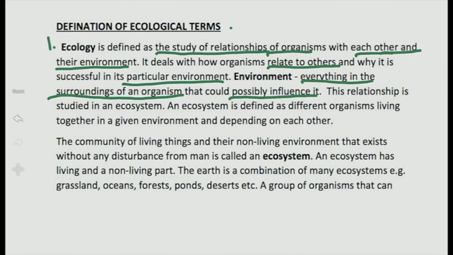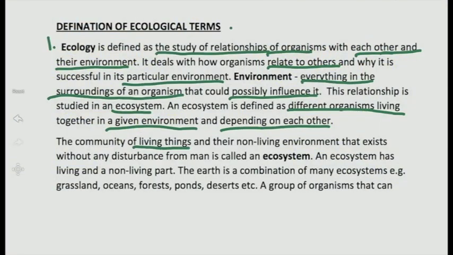So this relationship is studied in an ecosystem. An ecosystem is defined as the different organisms living together in a given environment, and they are depending on each other.